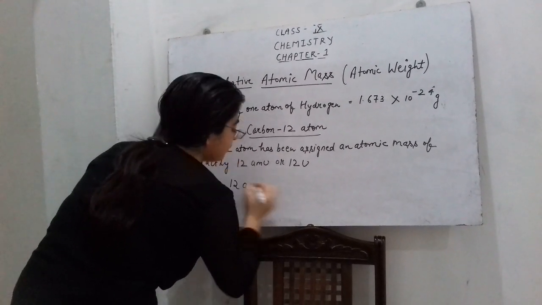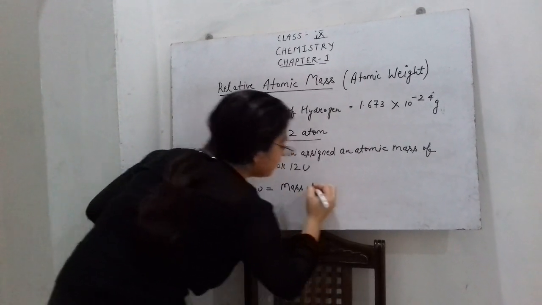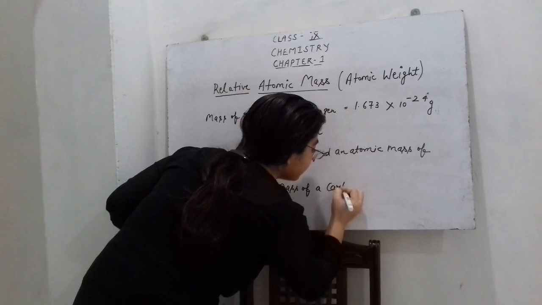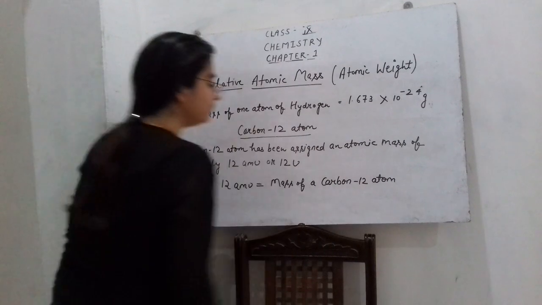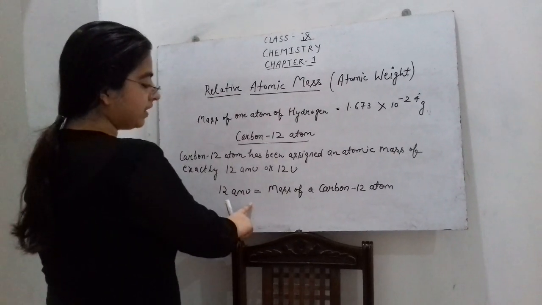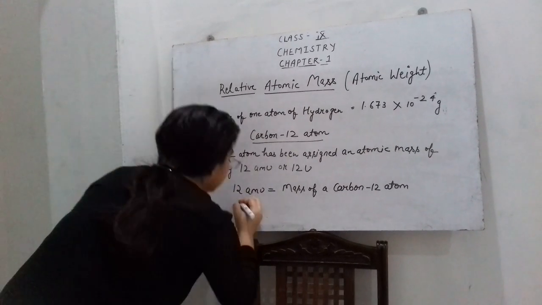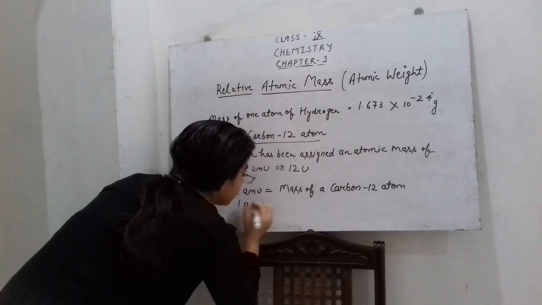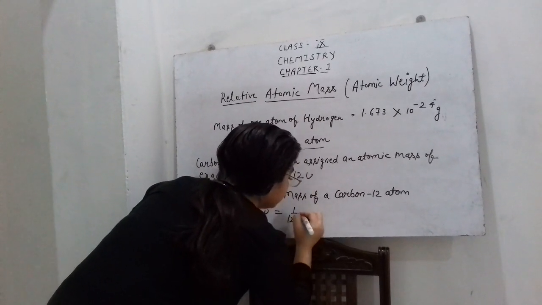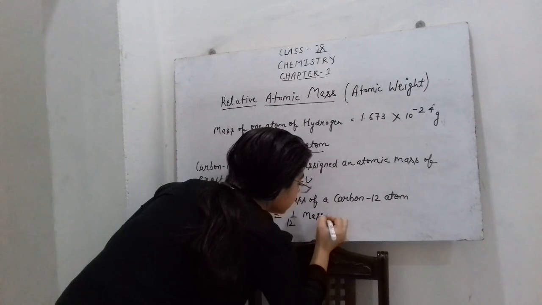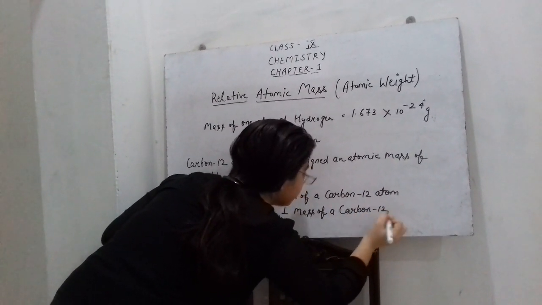12 atomic mass unit is equal to the mass of a carbon 12 atom. 12 atomic mass unit is the mass of one carbon 12 atom, and therefore one atomic mass unit will be equal to 1/12 of the mass of a carbon 12 atom.